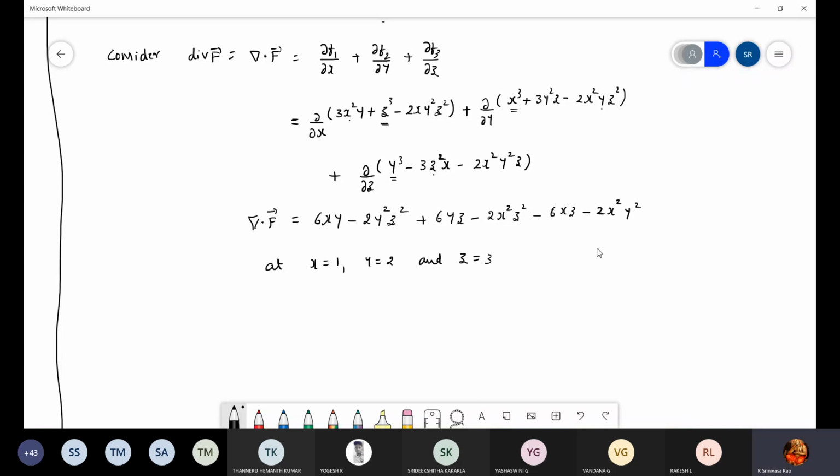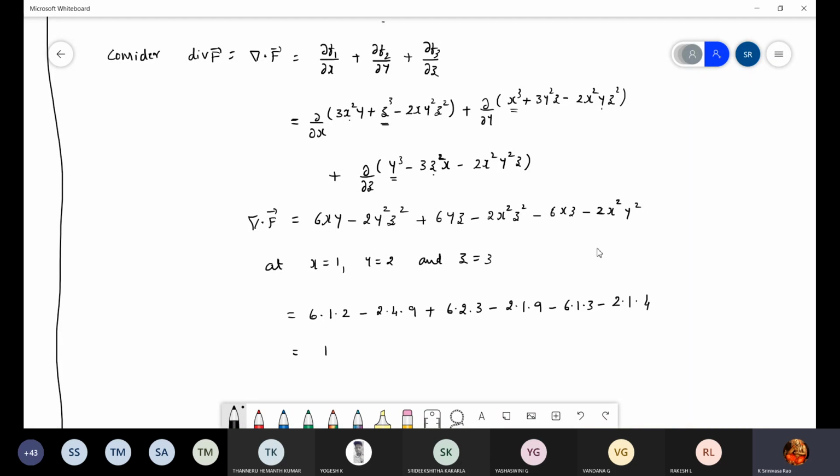So you take one more step, substitution like this: 6 times x is 1 into y is 2, minus 2 times y square is 4 into z square is 9, plus 6 times y is 2 into z is 3, minus 2 into x square is 1 into z square is 9, minus 6 times xz, x is 1 and z is 3, minus 2 times x square is 1 into y square, 2 square is 4.